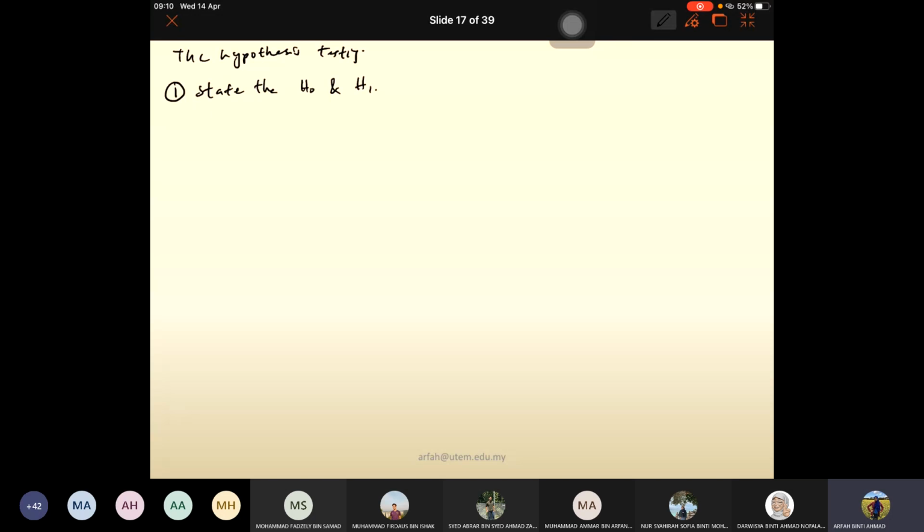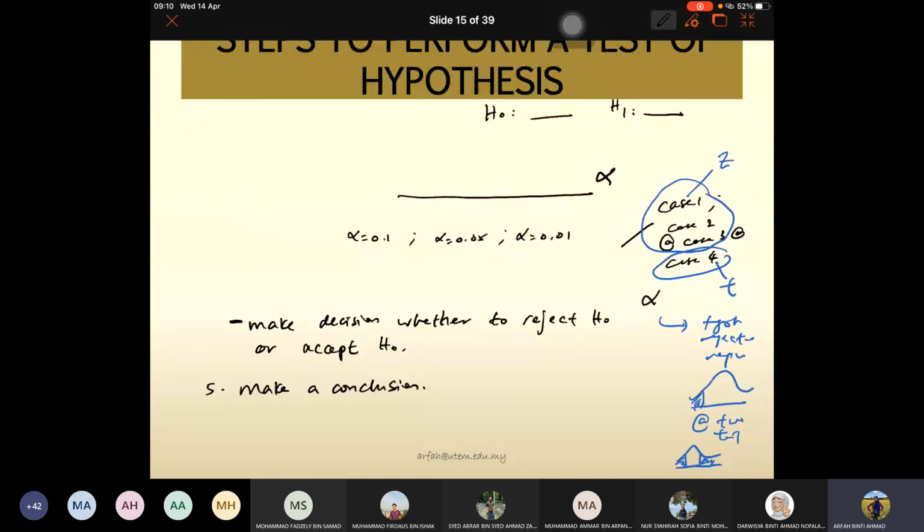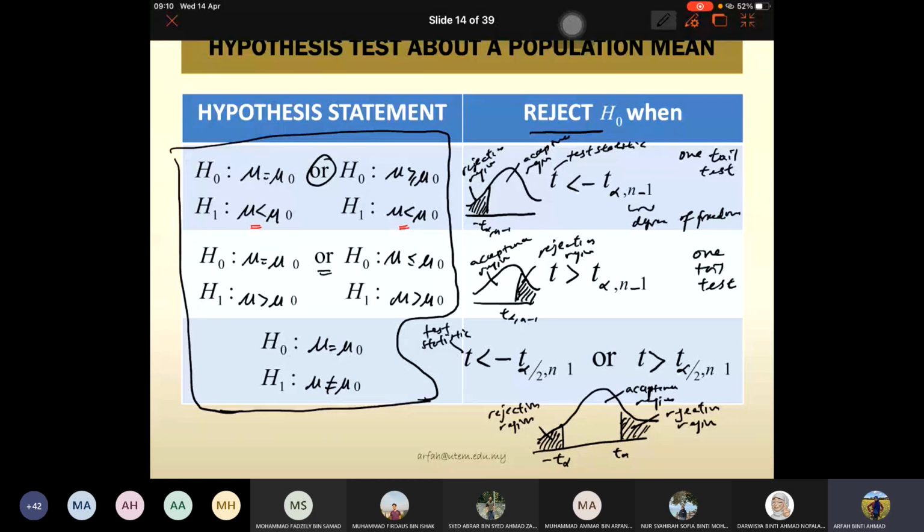Okay. So nak state H null and H1, kena tengok table biru tadi yang saya letak. This table and this one, hypothesis statement. Yang ini yang awak kena tengok. So baca balik soalan, dia kata, it is known that on average, ada perkataan average, meaning that parameter yang kita berminat adalah mu.